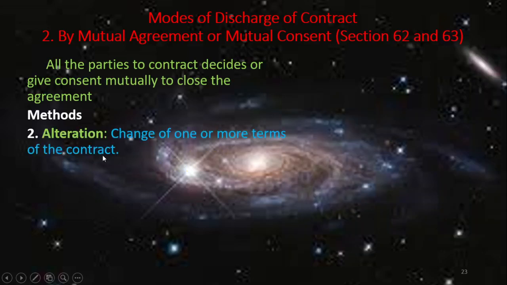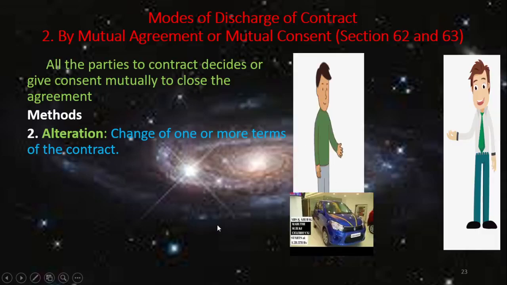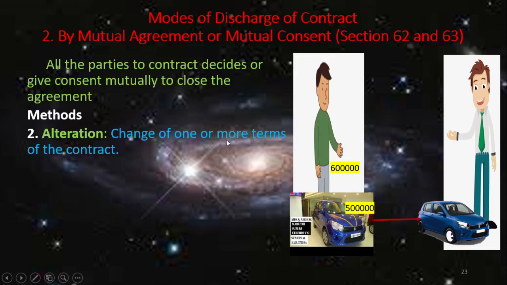And the second method is alteration. In this case, there is a change of one or more terms of the contract. Here, Mr. Arun is ready to sell his car and Mr. Kiran is ready to purchase the car for 5 lakh rupees. After that, they are going to change one or more terms of the contract.